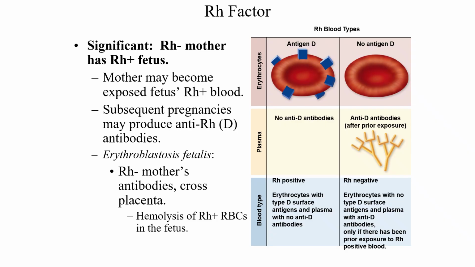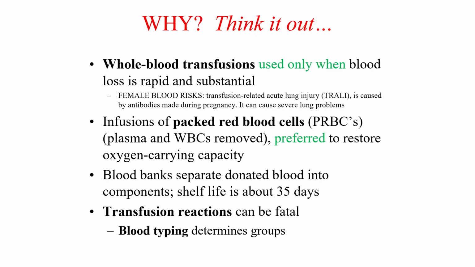Okay. Let's think about transfusions. Now, whole blood transfusions are used only when blood loss is rapid and substantial. It is not routine. Most transfusions are usually only components, okay? And so we have infusions of packed red blood cells, where we have the plasma and white blood cells removed, to restore oxygen carrying capacity.